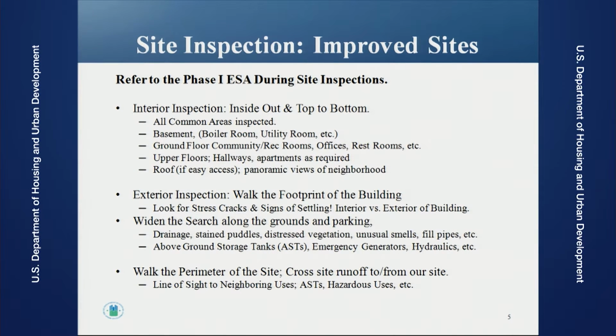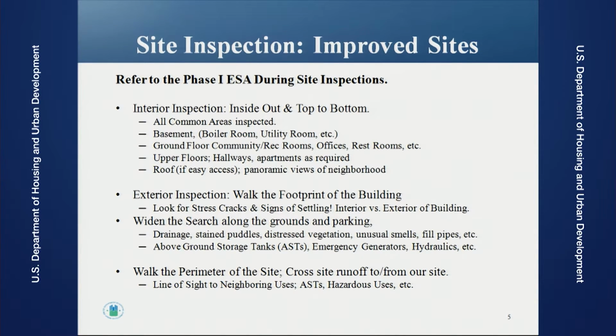When dealing with improved sites, we've got a couple of additional issues. You're going to be doing an interior inspection of the building, whether you do it top to bottom or bottom to top, it's up to you. As an appraiser, I'm used to always getting up to the roof unless it's just not physically feasible. And I always go down into the basement, boiler rooms.